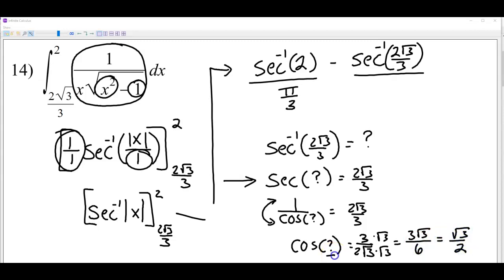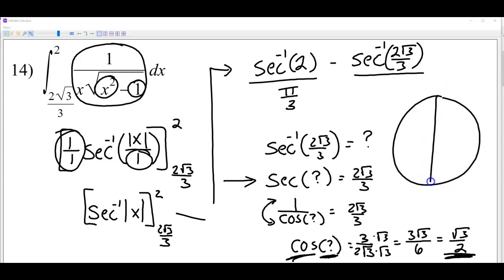So basically I want to know what angle has an x value of radical 3 over 2. On my unit circle, cosine, or the x value you could say, has a value of radical 3 over 2 both here and here. But remember, with arc trig functions, we're only allowed to use the top half of the circle. So this is my answer, and the angle at that point is pi over 6. So pi over 6.